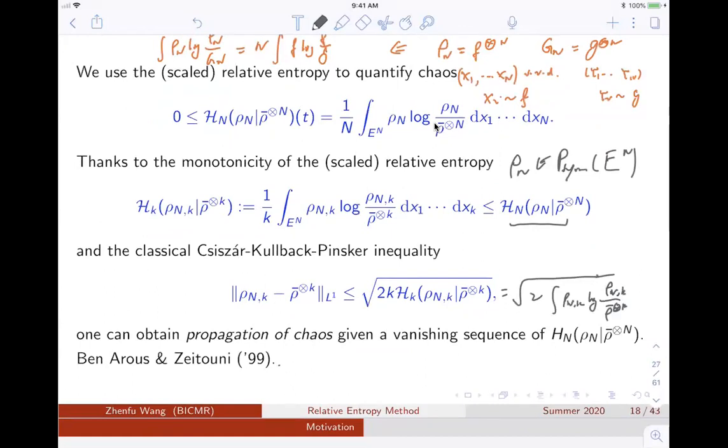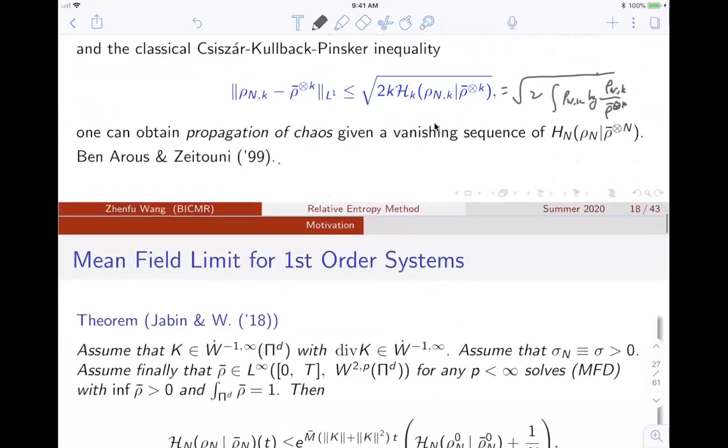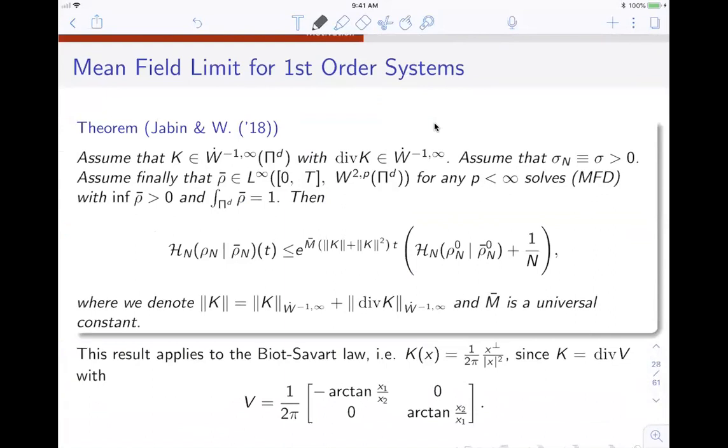They also used the monotonicity of the scaled relative entropy. So these three estimates are not novel; they have been known in the community for a while, and people have used them to do other things.